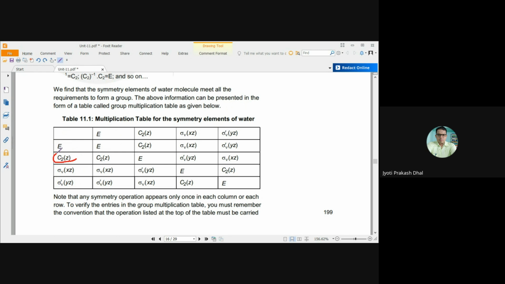Suppose C2 dot C2, that gives rise to E. For example, sigma v dash sigma v dash gives E, and sigma v dash multiplied with sigma v gives rise to C2.